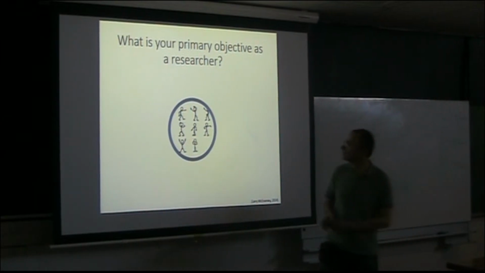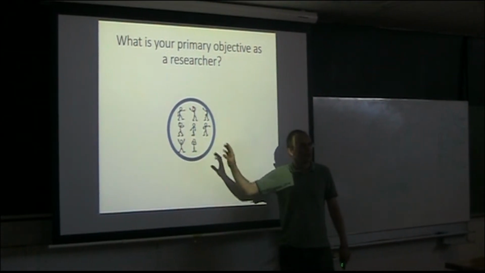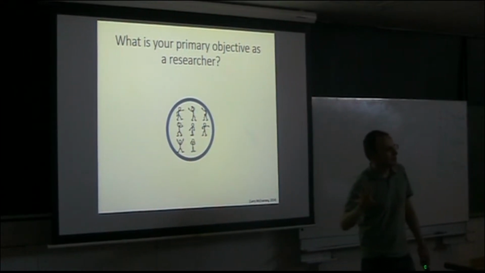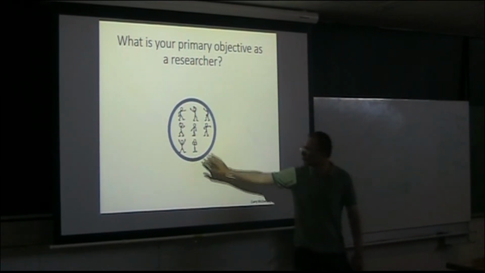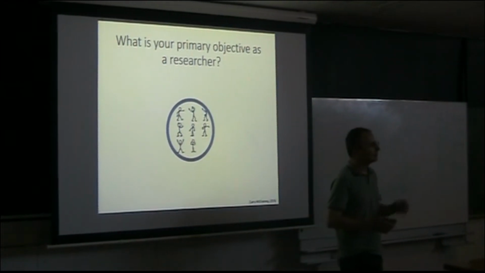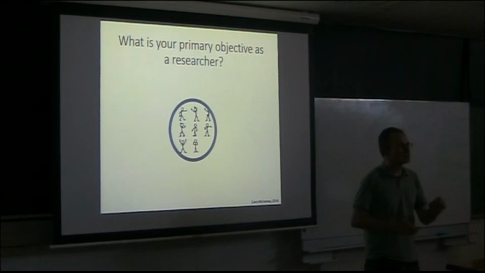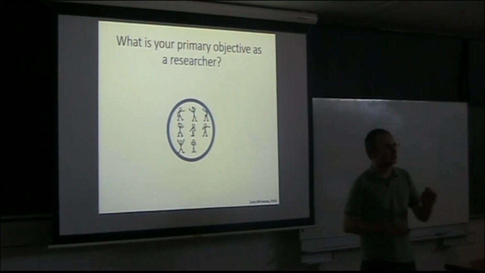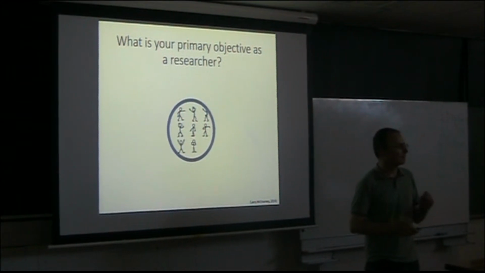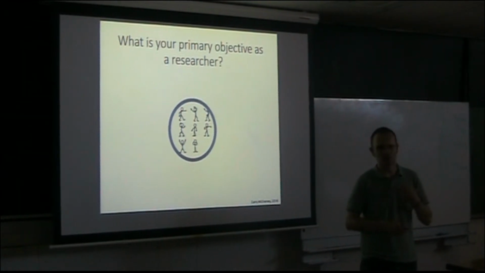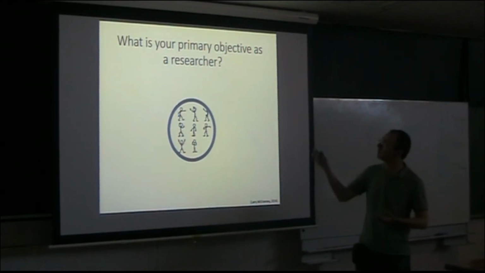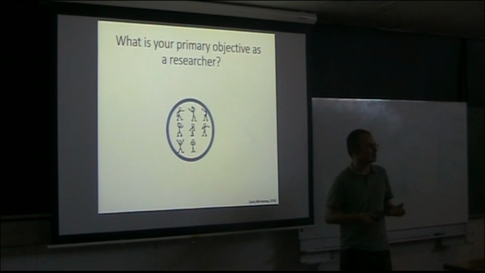So your aim is to engage with this community of researchers and either shift their thinking or increase their thinking. But all of your research needs to be conducted within a community. You've got to change how they think. If you just change the way that you understand the world, that might be your primary objective.